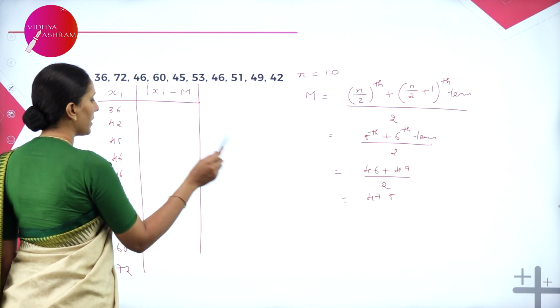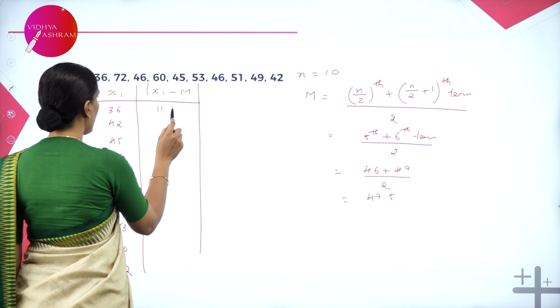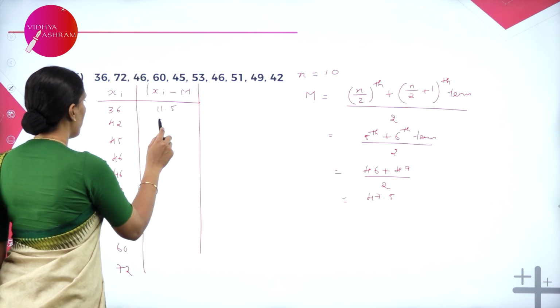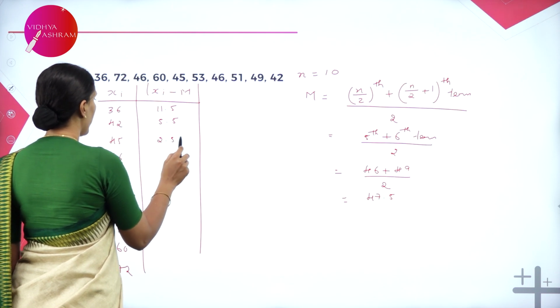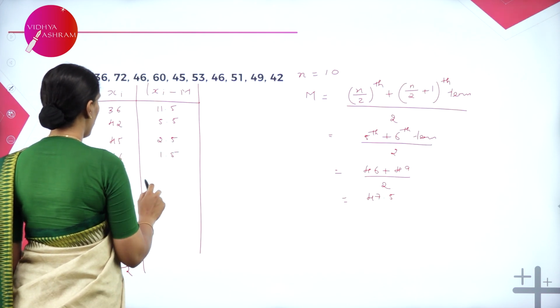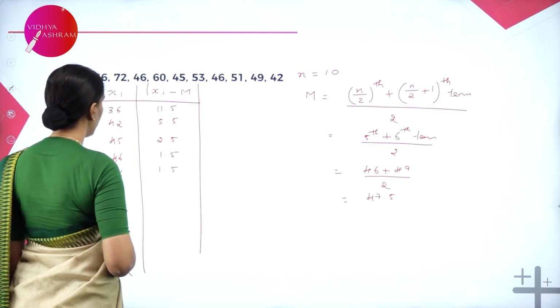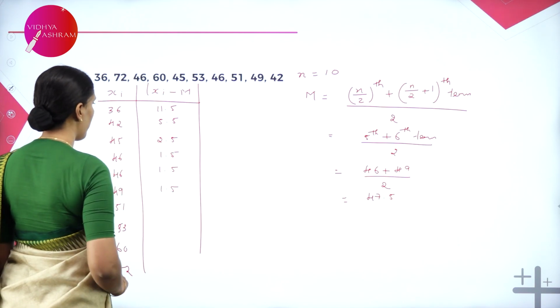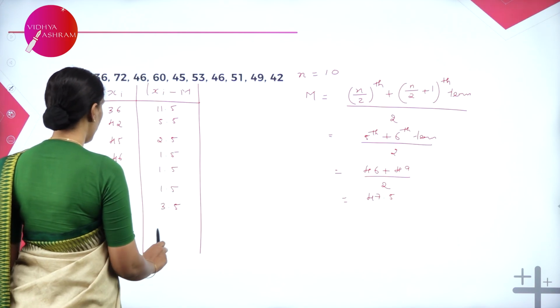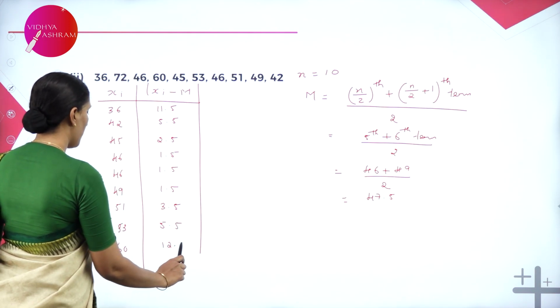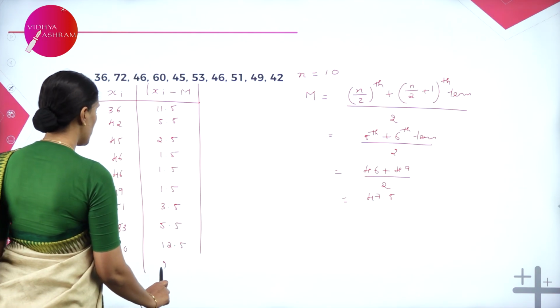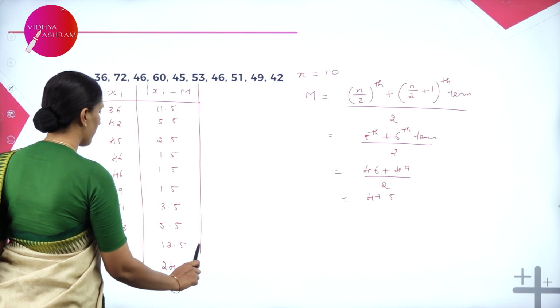So 36 minus 47.5 is 11.5. Next we have 5.5. So next is 2.5, 1.5, 1.5. Again it is 1.5, 3.5, 5.5. Next is 12.5. Next one is 24.5.